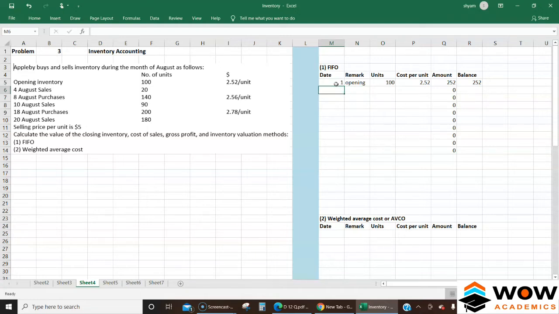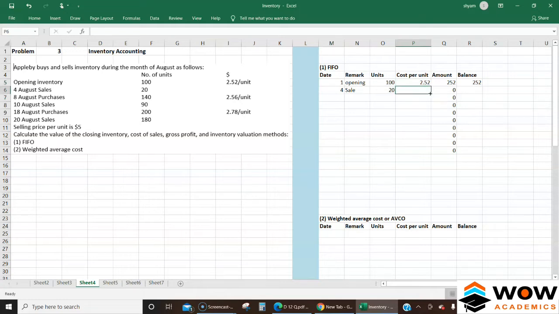On the 4th we have a sale of 20 units. At what price are we going to sell? The sale will usually not have any value, because whatever is the existing value, that value we have to take.